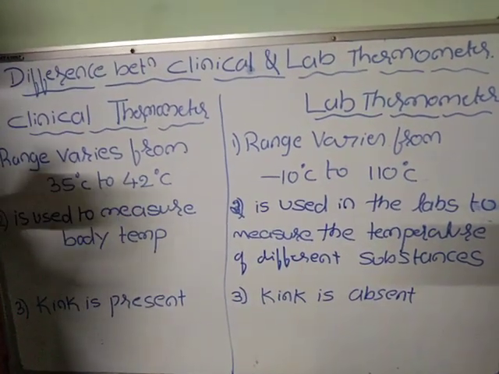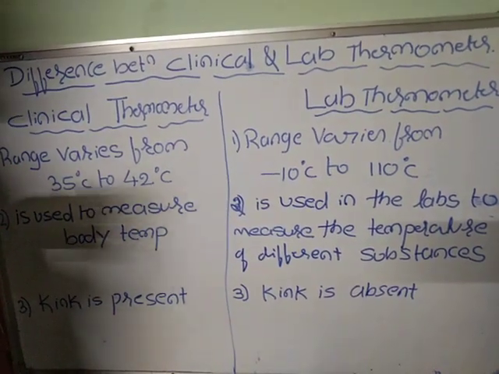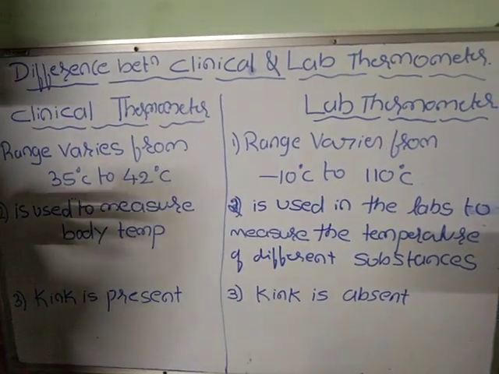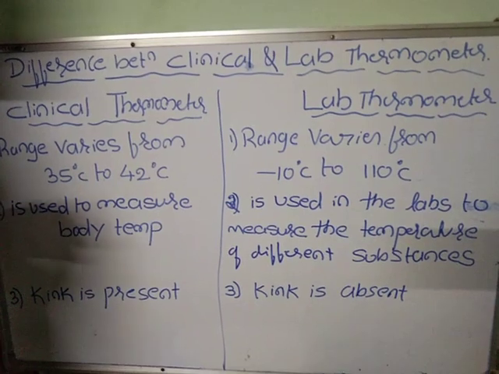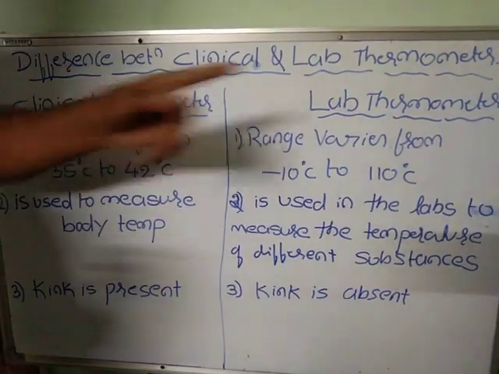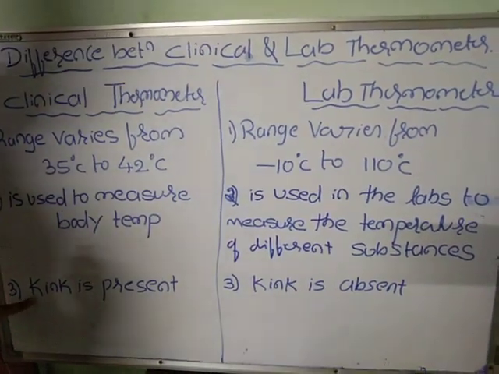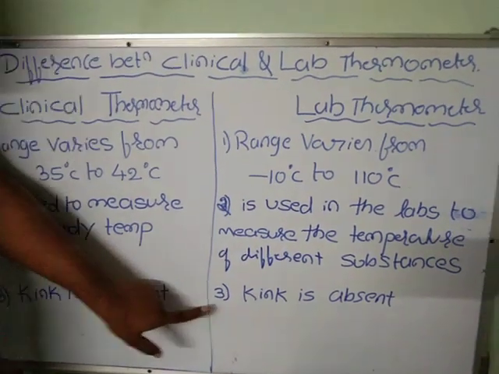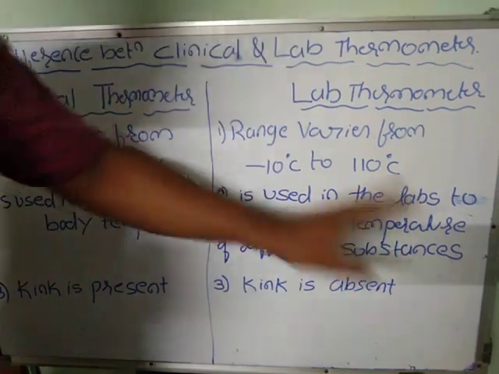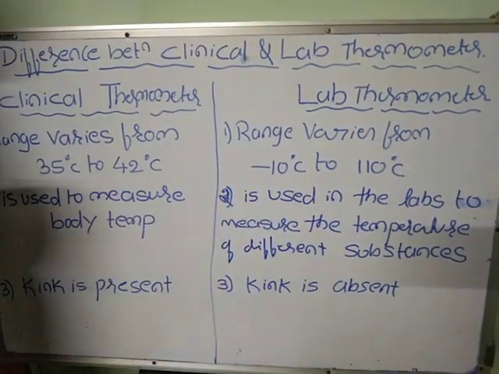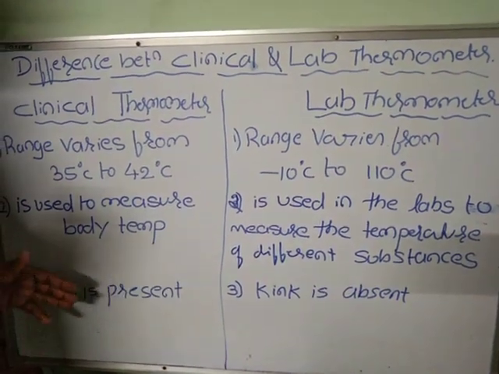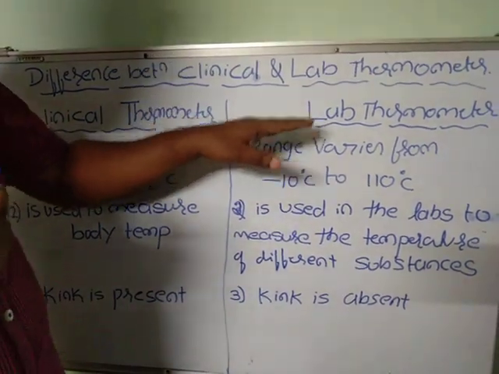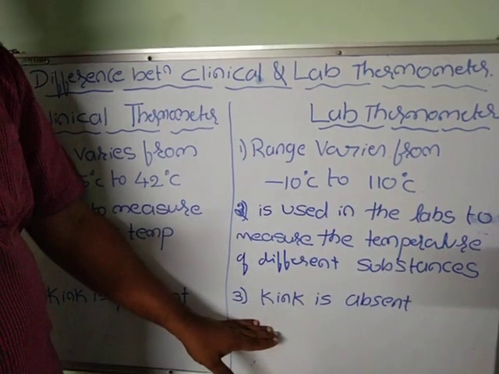If you want to measure at which temperature a liquid melts, at which temperature it boils, that time we have to make use of laboratory thermometer. And third is, in the clinical thermometer, kink is present. In laboratory thermometer, kink is absent. I told you why kink is present in clinical thermometer and why not in laboratory thermometer.